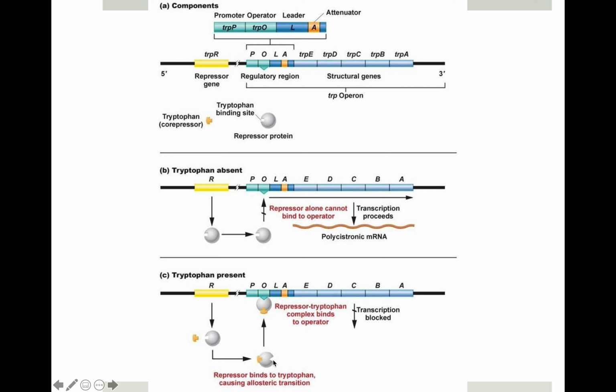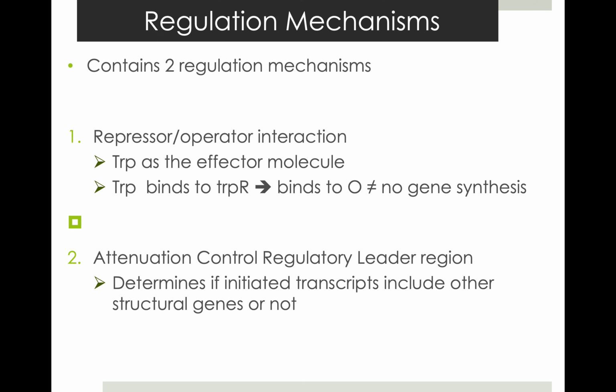This binding causes an allosteric transition, which means the repressor-tryptophan complex will bind to the operator. When it binds, it blocks RNA polymerase from binding to the operator site for transcription. Hence, transcription is blocked. So it's the opposite of the lac operon.